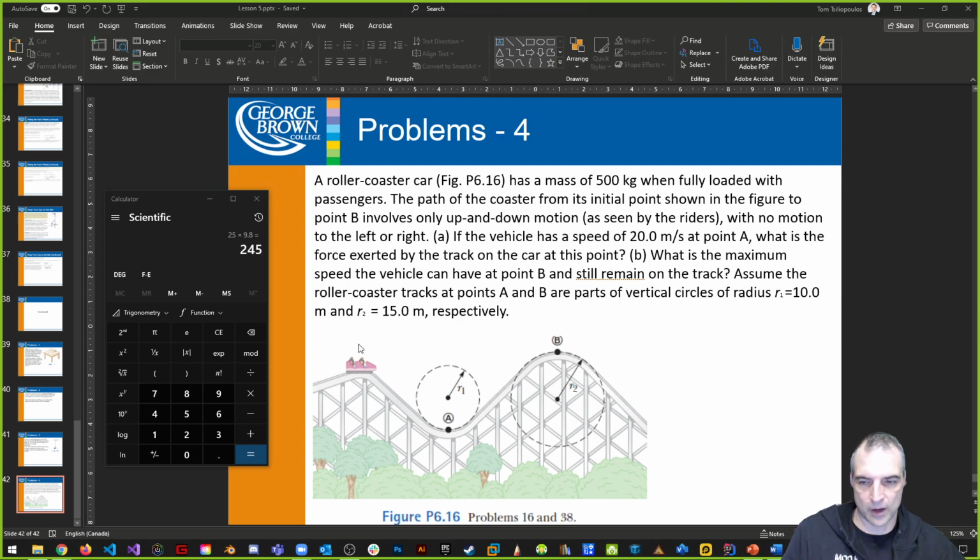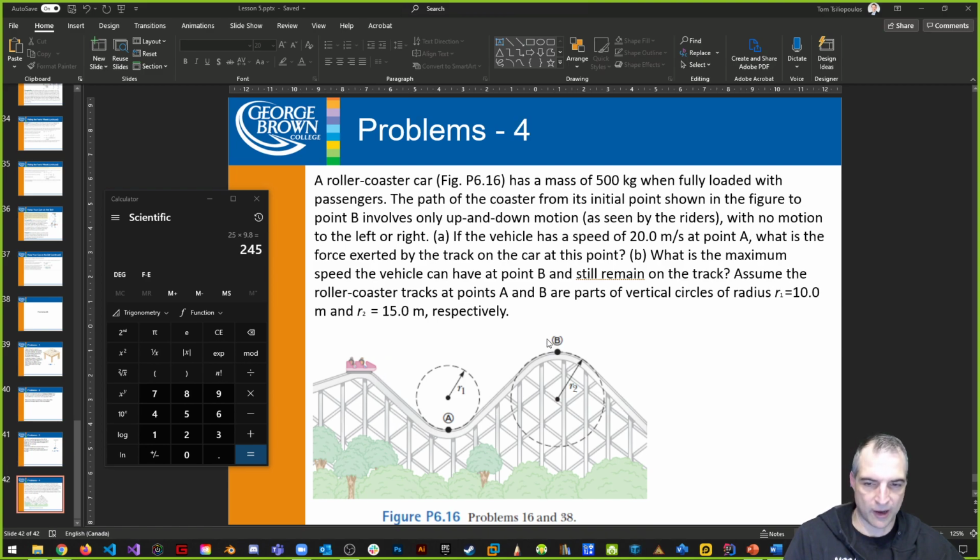If we're looking at X and Y, Y being this way, X being this way, there's no Z, is what it's saying. What is the maximum speed of the vehicle at point B, such that it still remains on the track? So if the vehicle is not tethered by the roller coaster itself, it's not being held in place.